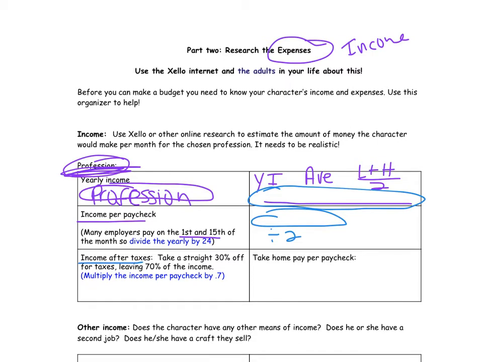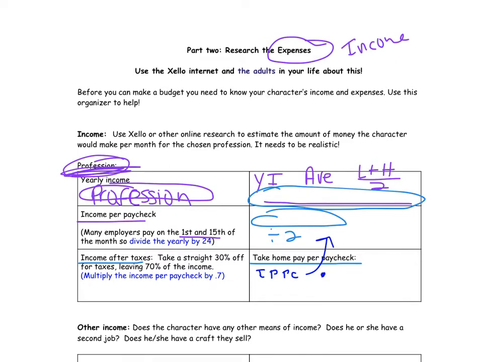So in this case, your take-home per paycheck would be your income per paycheck, so what you had here, and you're going to multiply it by 0.7.